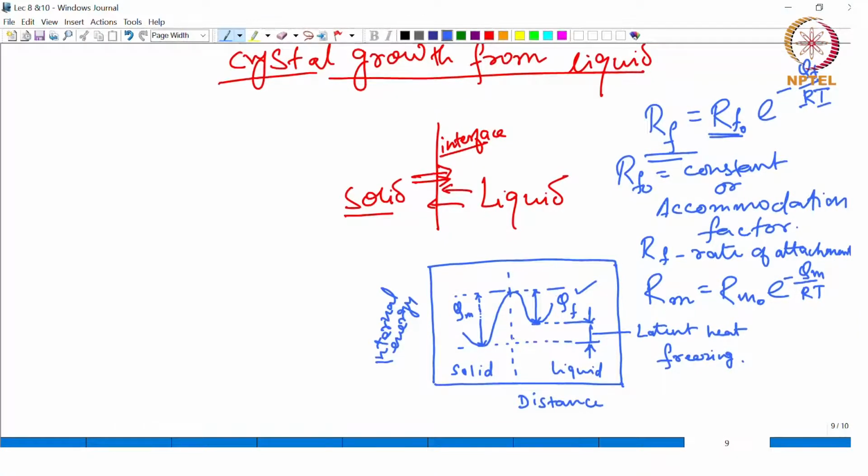That interface will move towards the liquid, so that the solid will grow more and more, right. So, once this happens, there will be a growth velocity which can be assigned to the interface as well. Okay. So, this is how from a thermodynamic point of view, you can see how the solid will grow from the liquid phase. Okay.